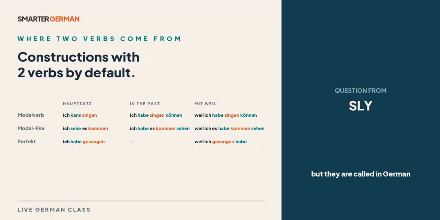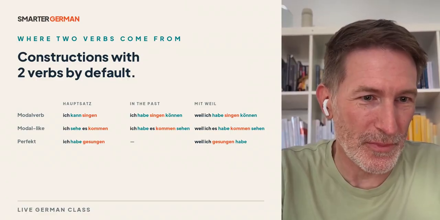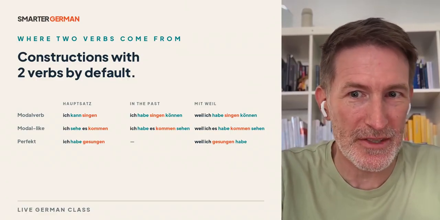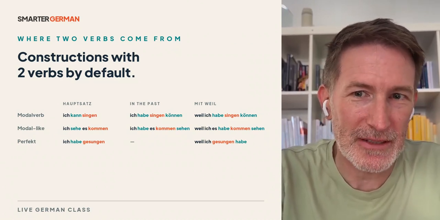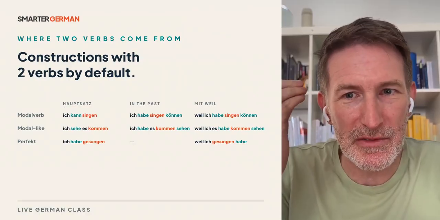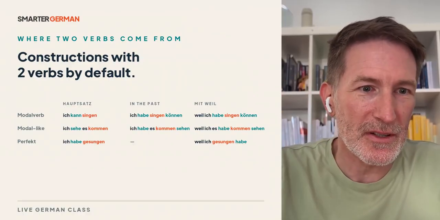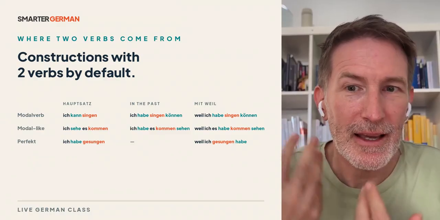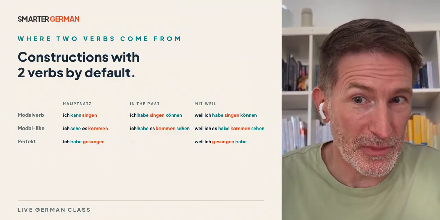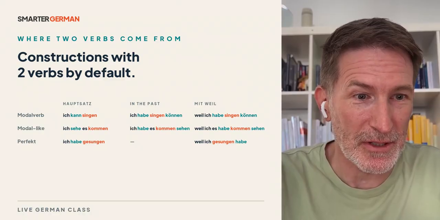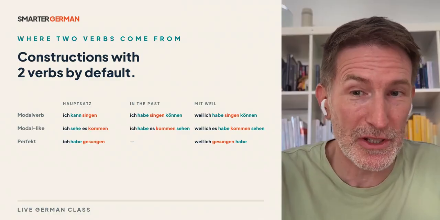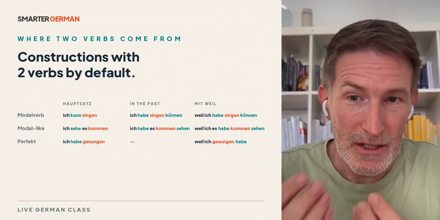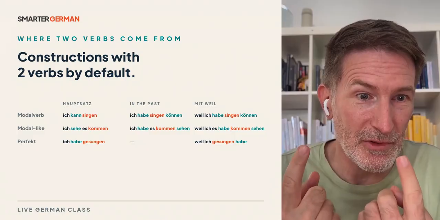In German, they're called verbs, but they are used in a modal sense. So the whole idea of modal is difficult to grasp. You just learn that sehen and hören can be used like modal verbs. They don't have to be used like this, but they can be. They can have a second verb. As I say, kaufen, ich kaufe, kommen, that doesn't work. Most verbs cannot use a second verb.